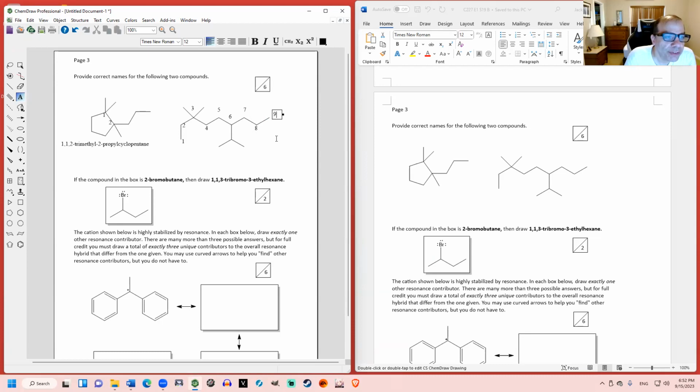So that's the numbering system we'll use. We've got 2 methyl groups on carbon 3 and an isopropyl group on carbon 6. Remember, the iso in isopropyl doesn't count for alphabetization. It's a silly rule, but we're stuck with it. So the methyl groups again come first. So we've got 3,3-dimethyl-6-isopropylnonane.